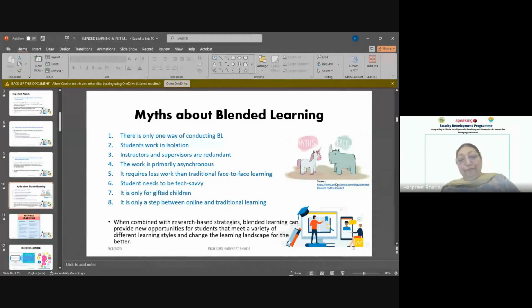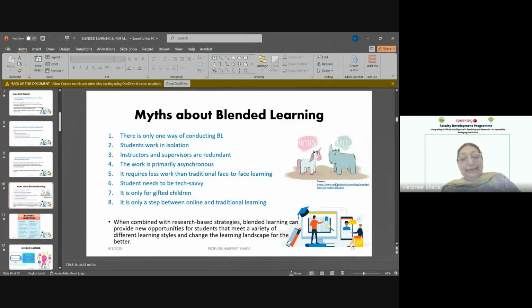The role of the supervisor, the role of the instructor changes, but they are very much needed in the teaching learning process, because there can be no learning unless there is somebody who's helping you learn. Yes, there is a lot of material online, but somebody needs to be there to tell you what material to pick up from where to be able to enhance what you're learning already.